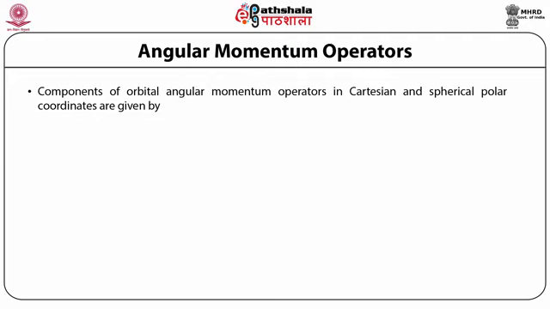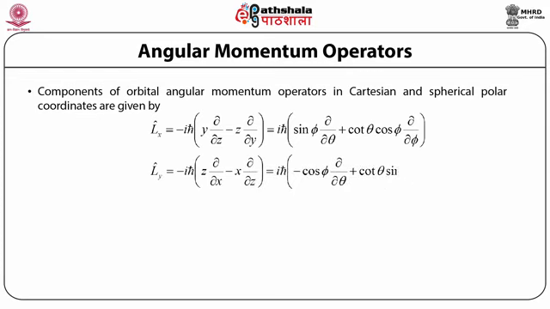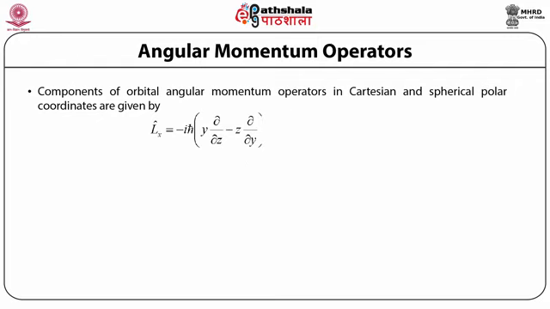So we will begin by first considering the components in the Cartesian coordinate system. In this system, the components are operator Lx, which is the x component, operator Ly, which is the y component, and operator Lz, which is the z component.